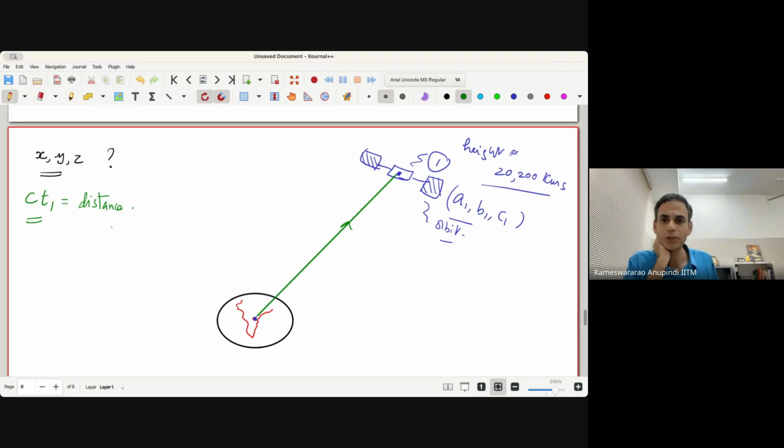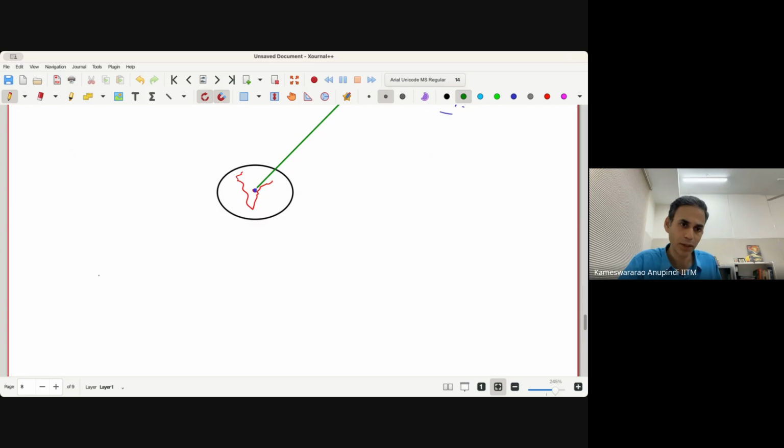But because this is the distance, it can also be written using the distance between two points formula. Since a1, b1, c1 are known, and x, y, z is the unknown, we can write this as x minus a1 squared plus y minus b1 squared plus z minus c1 squared.